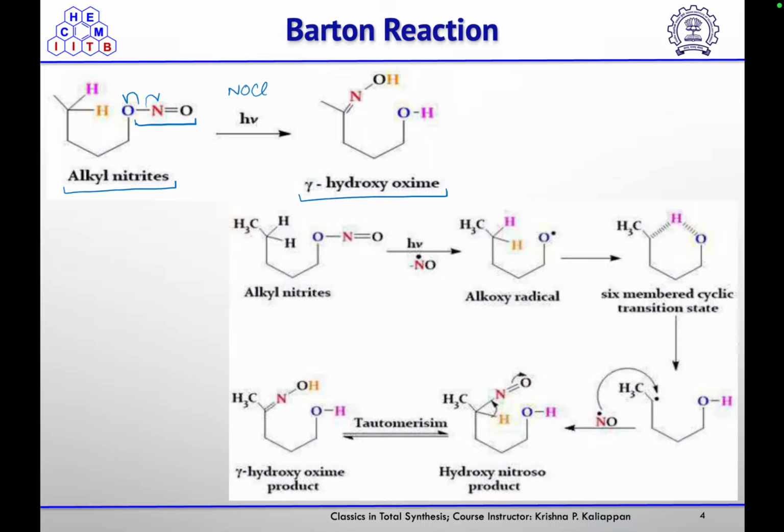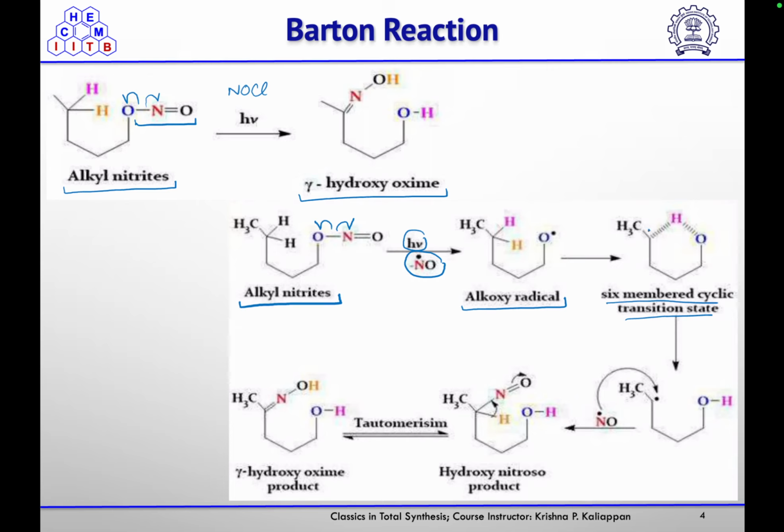So the mechanism goes like this: the alkyl nitrite, in the presence of light, undergoes homolytic cleavage of the oxygen-nitrogen bond, and the NO radical leaves. Then this alkoxy radical abstracts a proton through a six-membered cyclic transition state, and a carbon radical is generated.